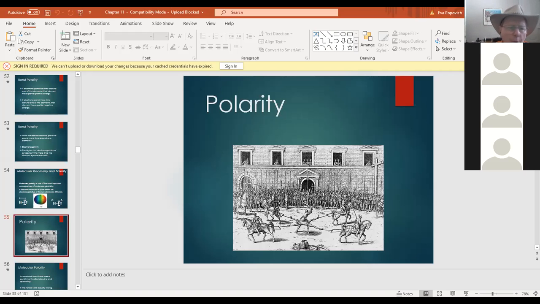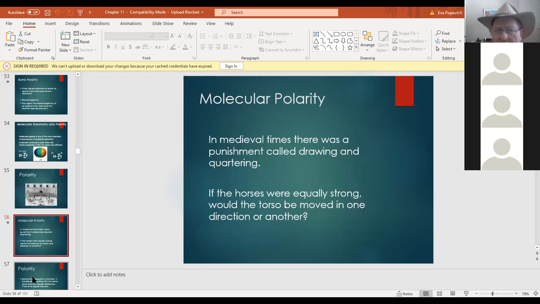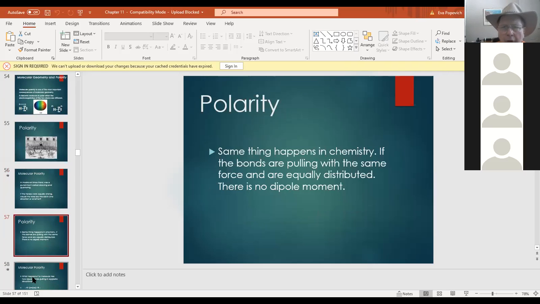That's what's happening when we're dealing with molecular polarity. So two things have to happen for a molecule to be polar. The first is it has to have polar bonds, because if there's no unequal sharing of the electrons, there's no positive or negative force. The second thing is you got to look at the entire molecule.